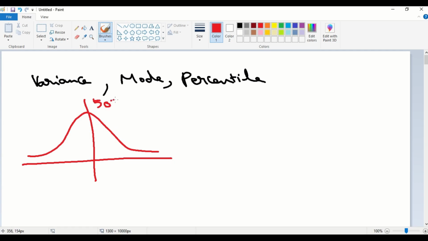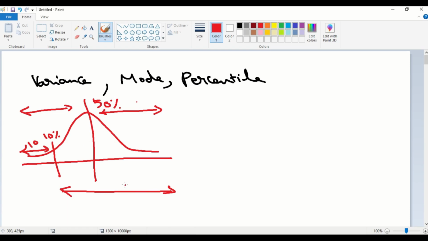The value which is at the center is 50 percentile. So the first 50 percentage will be at the left of the 50 percentile and the second 50 percentage will be at the right. So let us take 10 percentile. Now the first 10 percentage of the data will be on the left and the second 90 percentage will lie on the right.